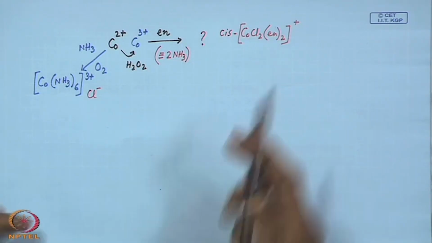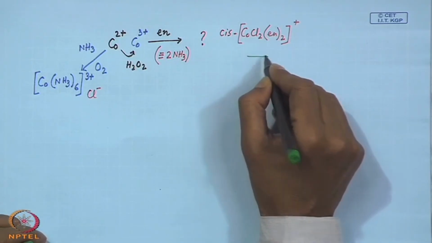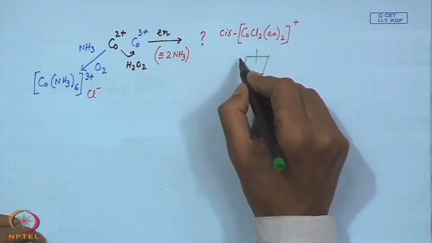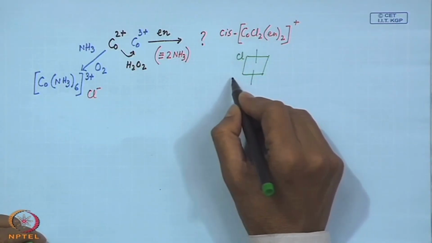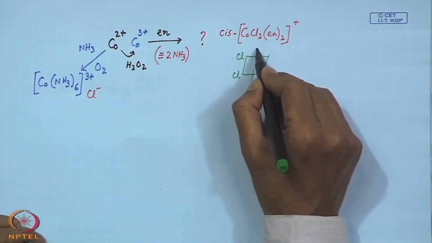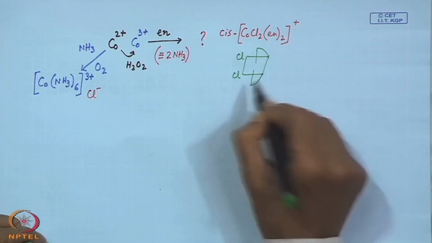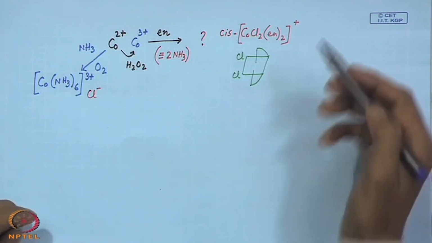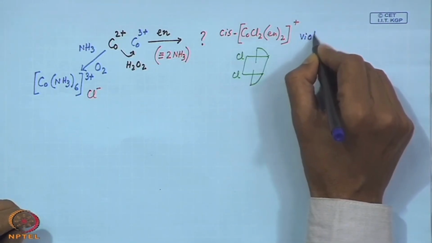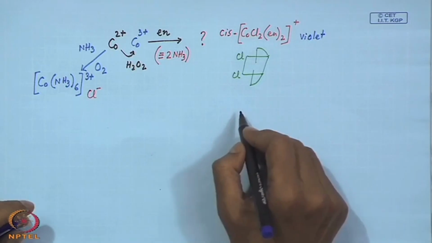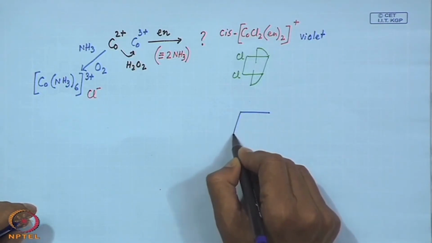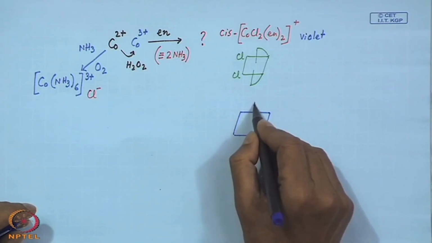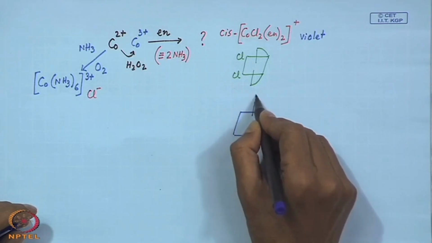Which has one single positive charge, two of these chlorides are in cis position, and this is that ethylene diamine, which is violet in color, and also the trans isomer.